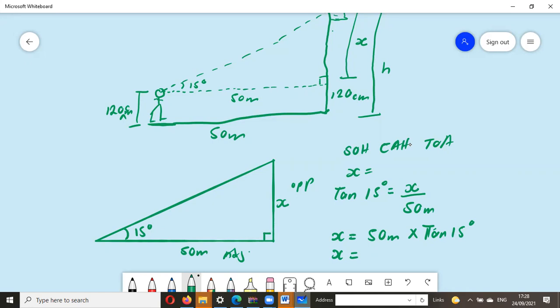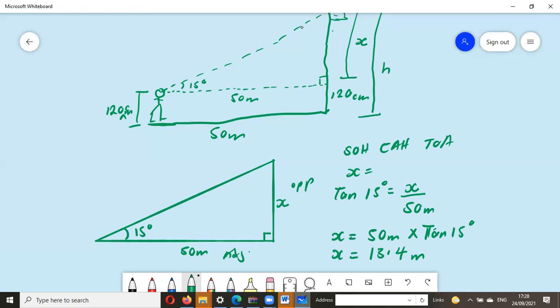What is our X? 13.4. Yes, 13.4 meters. Are you getting it? 13.4 meters.